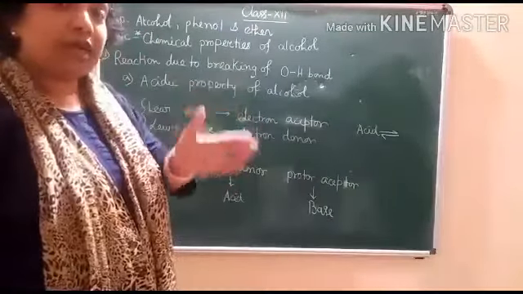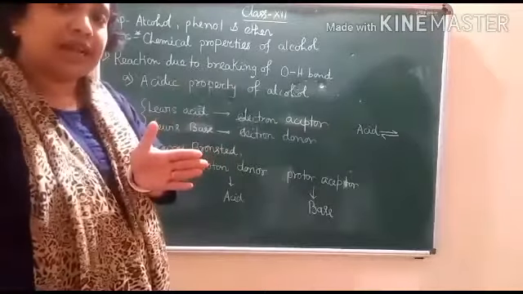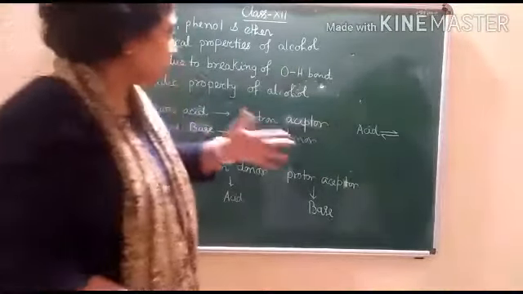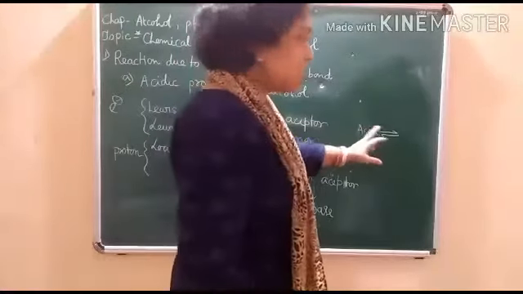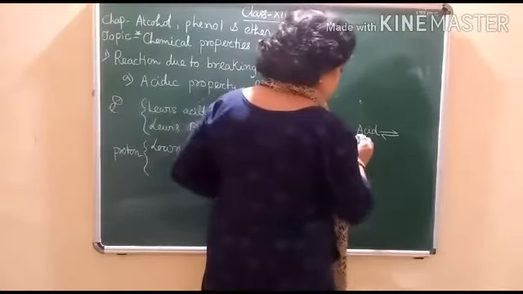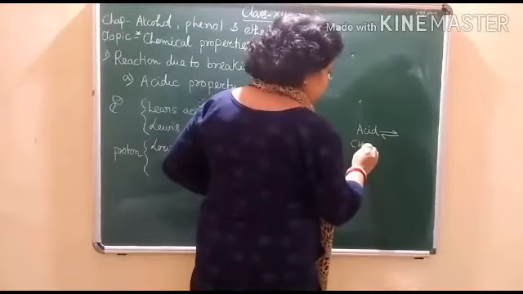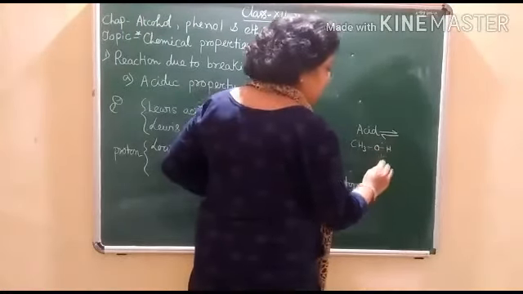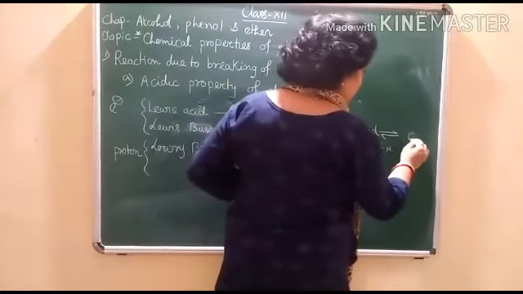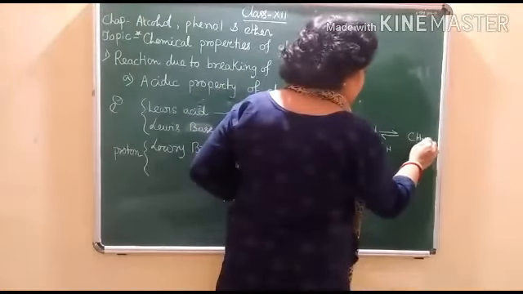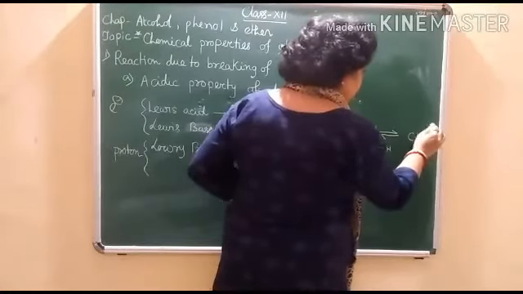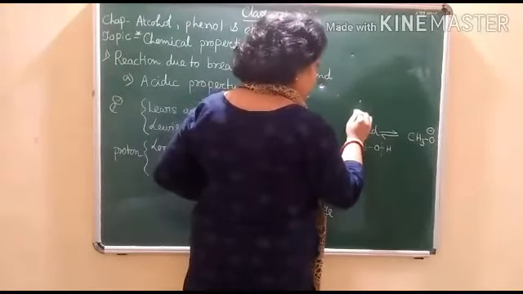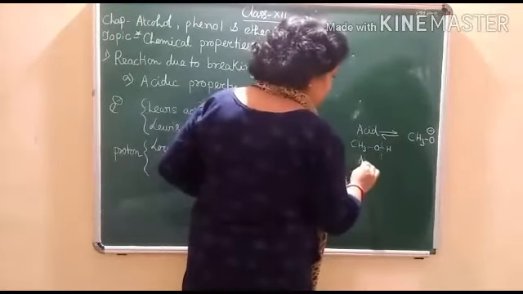The reactant gives product, and side by side the product converts back into reactant. So when an acid dissociates, suppose here it is CH3OH, when it breaks the bond, it will form CH3O minus. This one is alcohol we have taken.